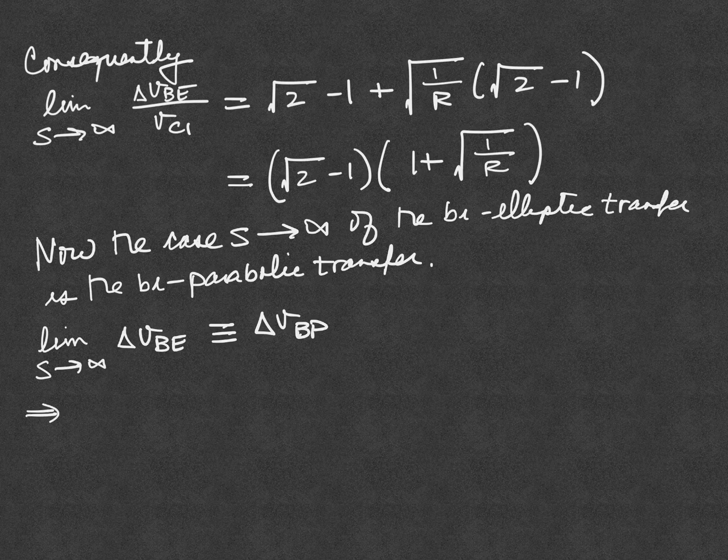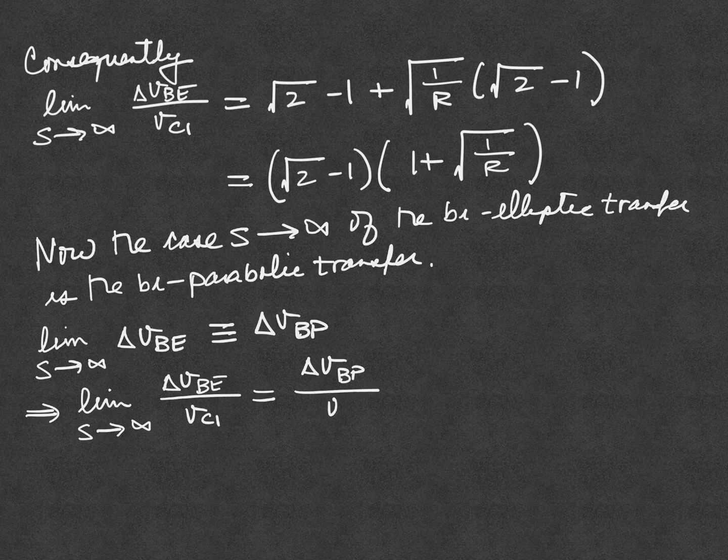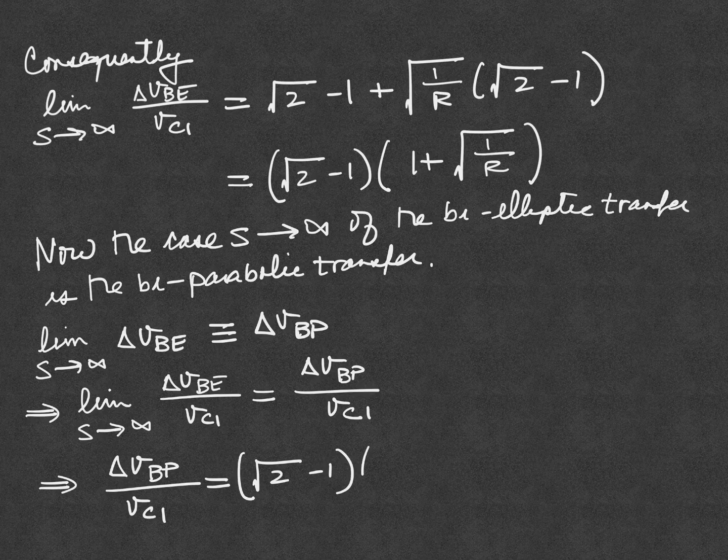So that implies the limit as s approaches infinity of delta v bi-elliptic divided by vc1 is equal to delta v biparabolic divided by vc1, which implies that delta v biparabolic divided by vc1 is equal to the square root of 2 minus 1 times 1 plus the square root of 1 over r.